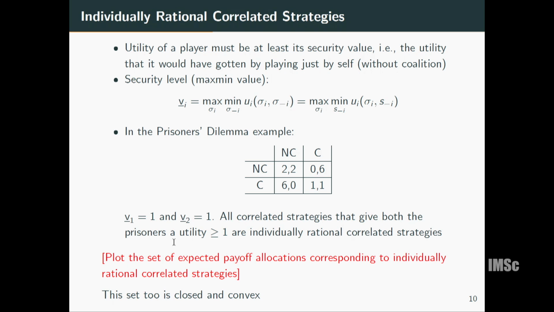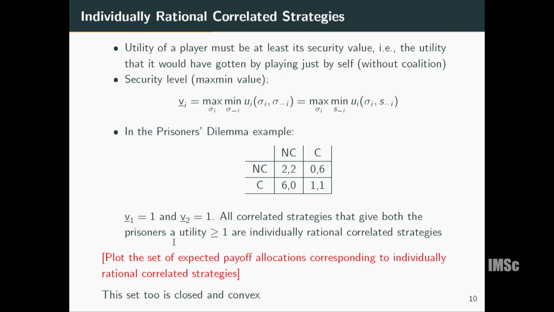Can you give an example of individual rationality? We will come back. So in this particular example, V1 lower bar and V2 lower bar is 1 comma 1: 1 for player 1 and 1 for player 2. Just like I told you, if the person is playing sigma I, you find the minimum value that I will derive, the minimum utility I can get.